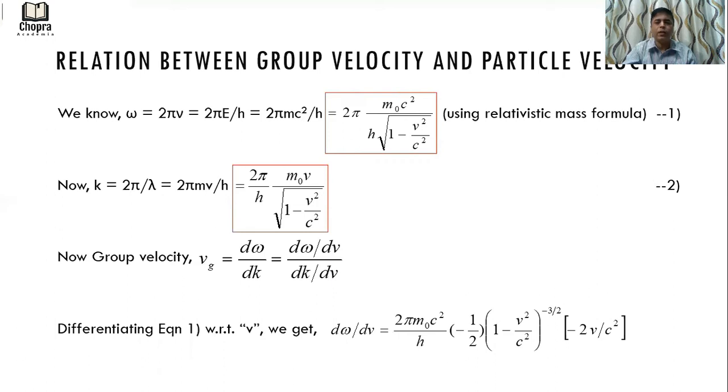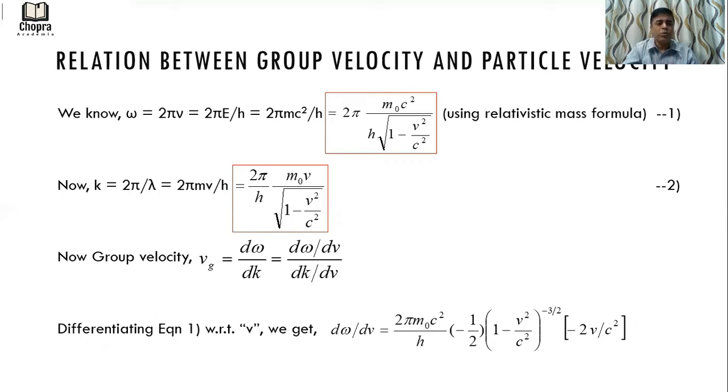So we know that omega is 2 pi nu, and nu from the formula E is equal to h nu we can find. So we have 2 pi E by h, which is nothing but, again I use E is equal to mc square, the mass energy relation. So we write 2 pi mc square by h. Now we also know that m is the relativistic mass in this case, because the particles we are dealing with here are moving with very high velocities.